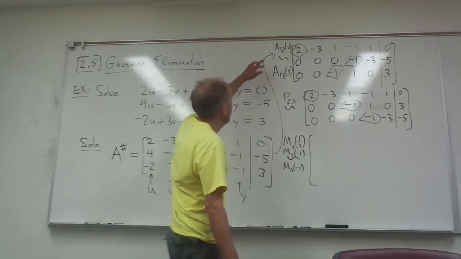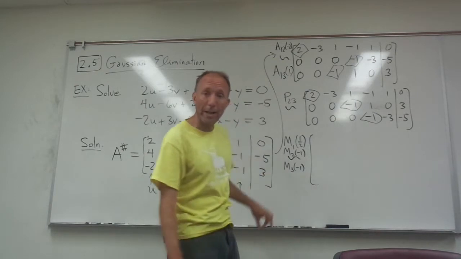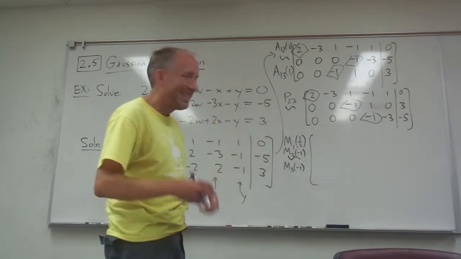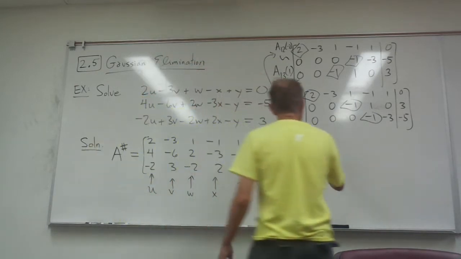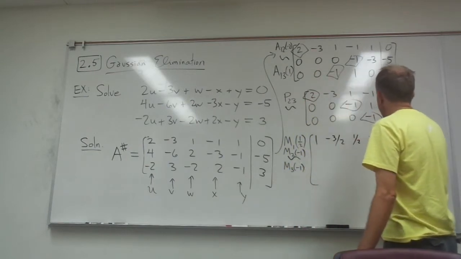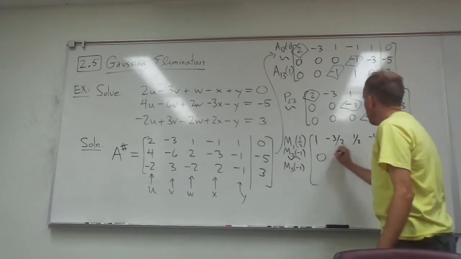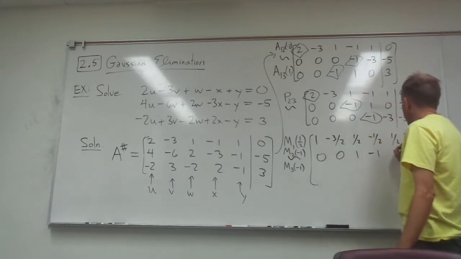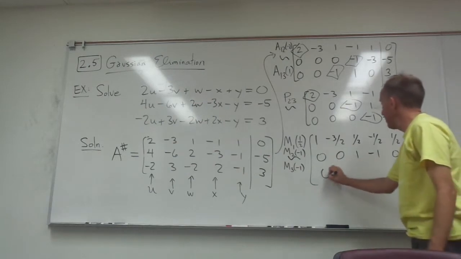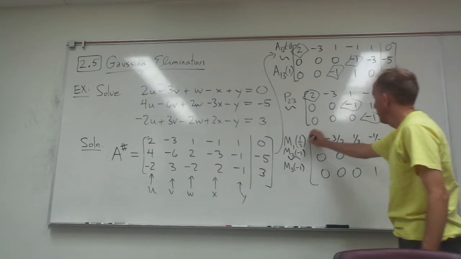When you're doing the same type of operation of either adding or multiplying, it's a pretty safe thing to do them in one step. Okay, so I am going to get some fractions on this first row when I multiply by 1/2. The second row I'm just doing a sign change really. And the third row I'm also just doing a sign change. Okay?